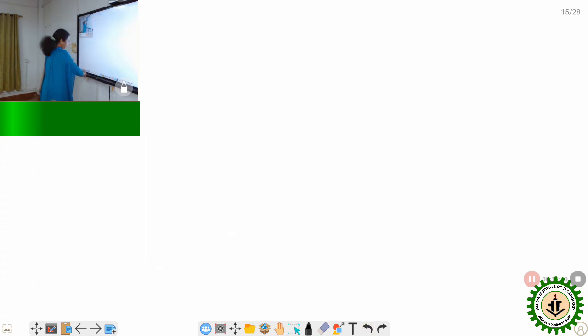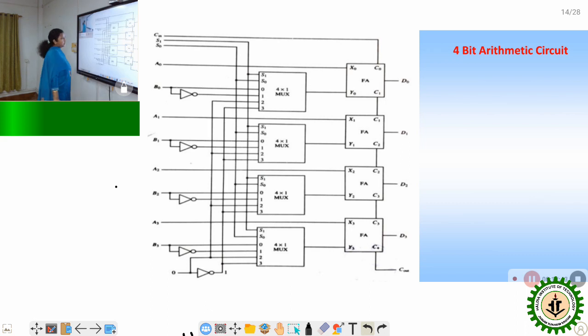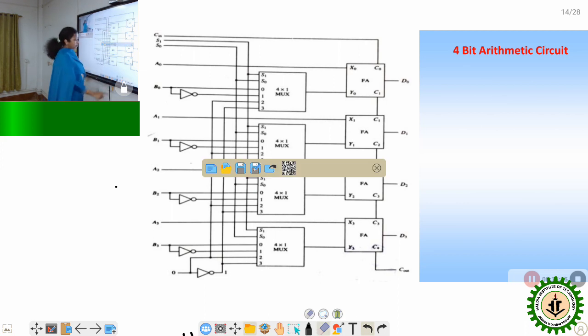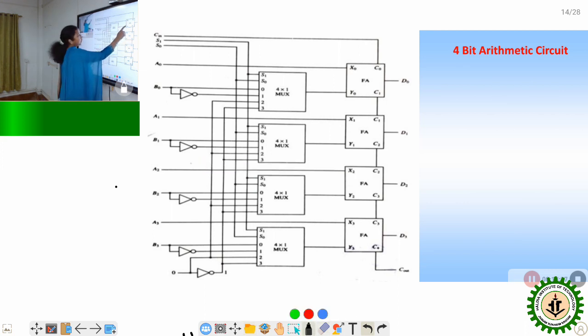Now how is it possible? When S1, S0 is 1, 0, all the multiplexers will select the third data. The third data is logic 0, applied to the third data input, and the multiplexer will select it, and this logic 0 will be applied to every Y0, Y1, Y2 and Y3 input.